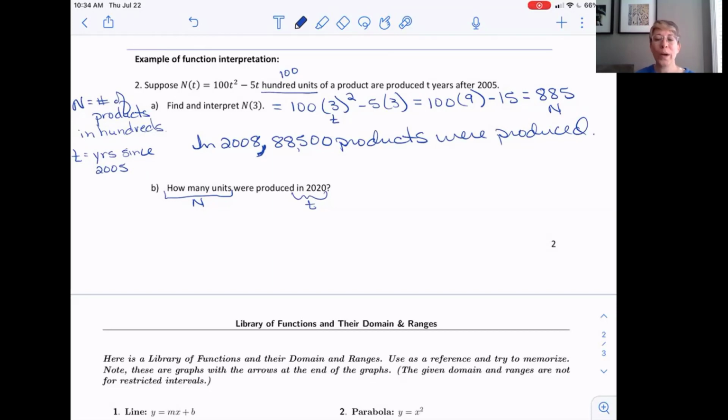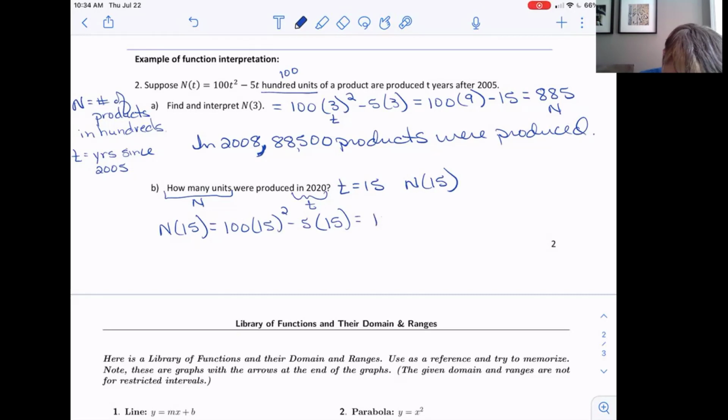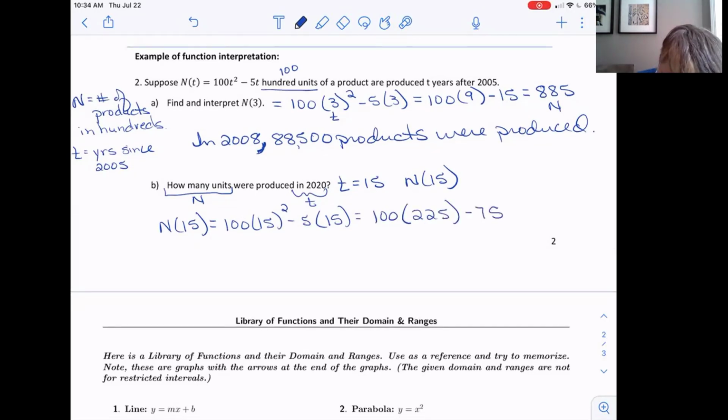Well, 2020 is 15 years after 2005. So t is 15. So they're asking us to find N of 15. So let's plug 15 into the N equation. See what we get. We get 22,425. So we have found the number of units and we know the year.